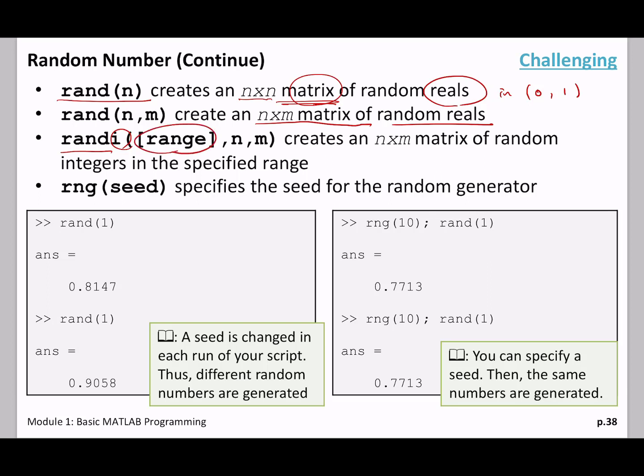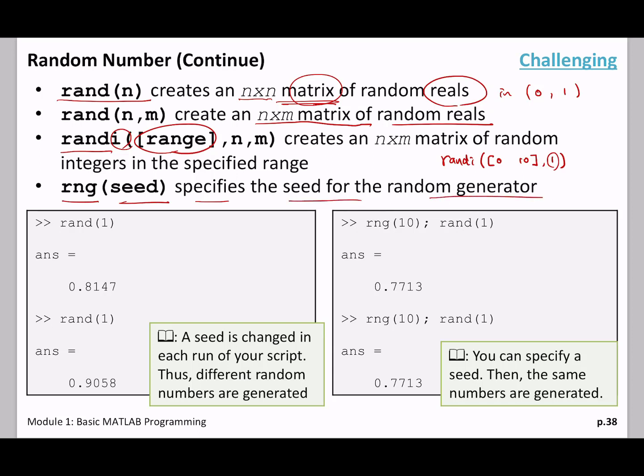For instance, randi(10, 1) means you can generate a single number between 0 and 10. And rng seed is a specified seed for the random generator.